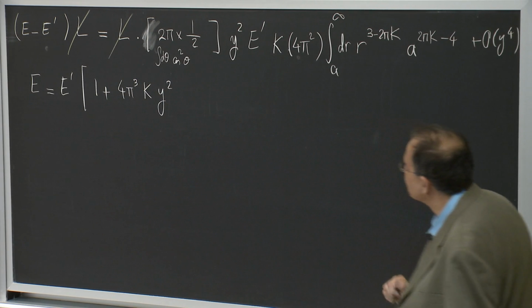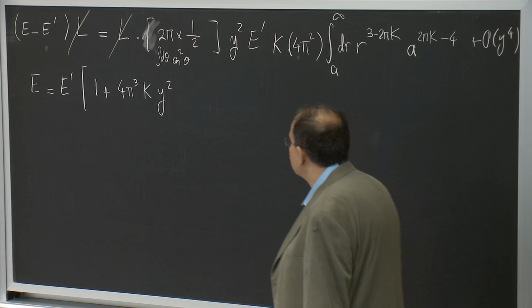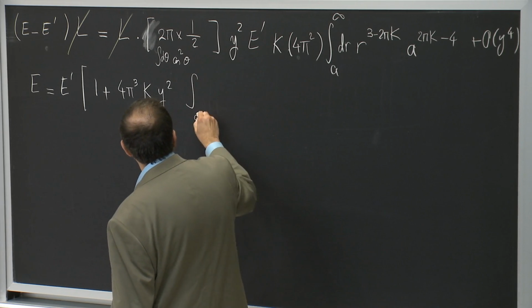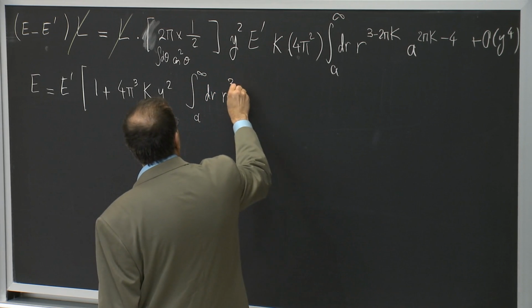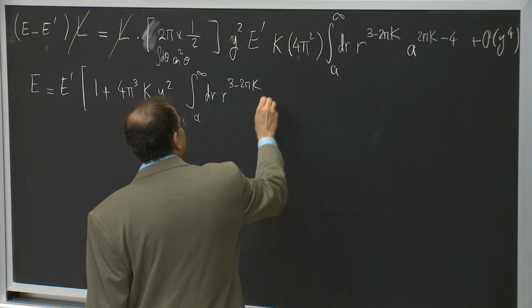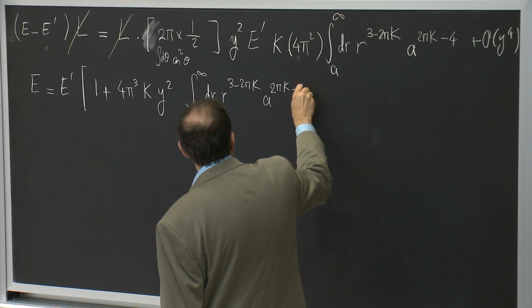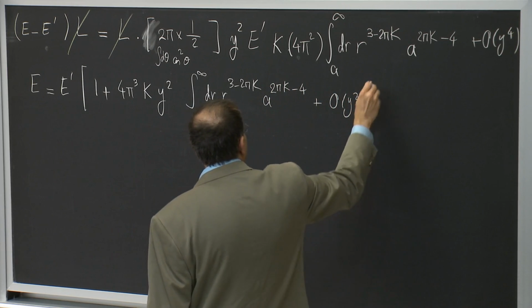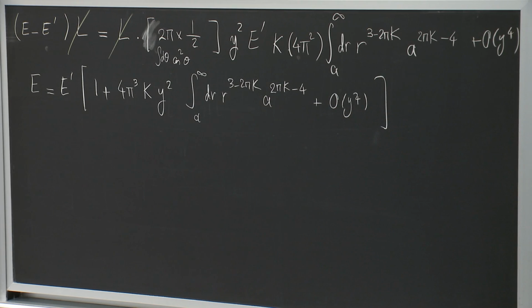Again, y squared is my small expansion parameter. And then I have the integral from a to infinity dr r to the power of 3 minus 2 pi k, a to the power of 2 pi k minus 4, and then order of y squared, y to the 4th. Okay?